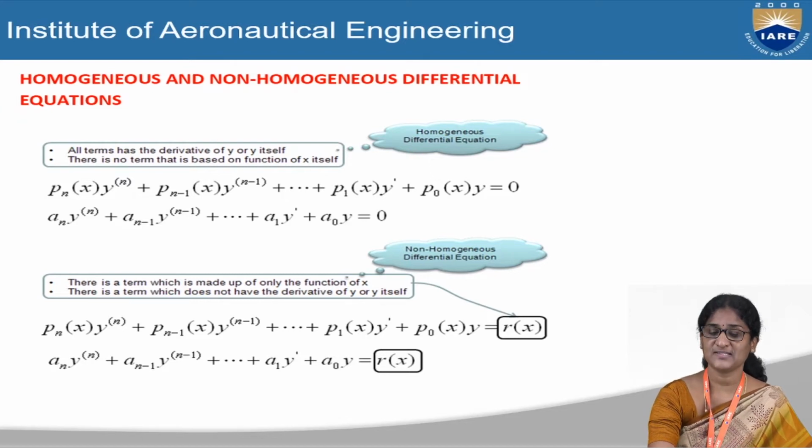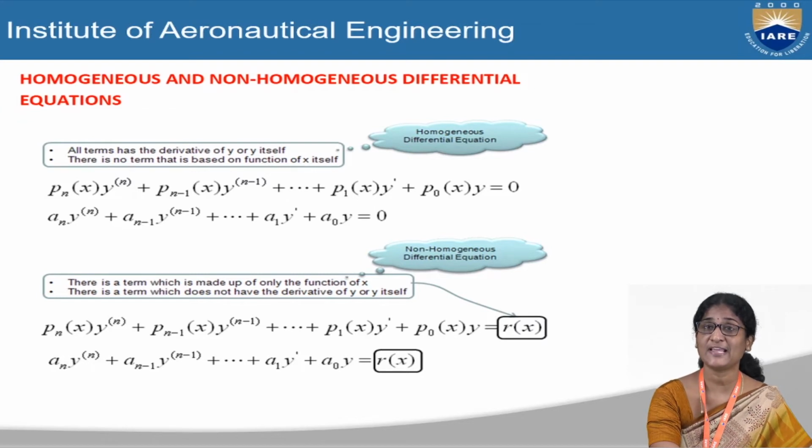Now, look at the first equation, Pn of x into y to the power of n, where y to the power of n represents the nth derivative of y with respect to x, that is d^n y by dx^n. Instead of writing d^n y by dx^n, we are simply denoting it in the form of y to the power of n.